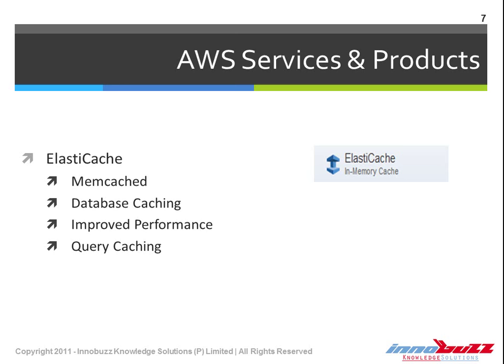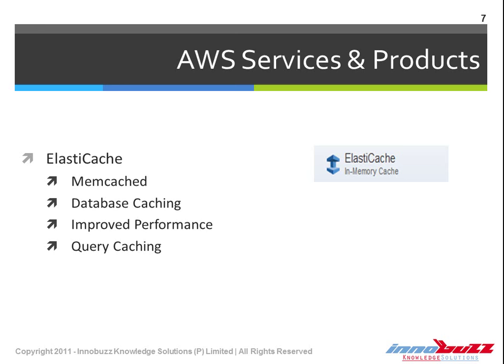Before looking into Elasticache, we need to check what memcached is. We know that memcached is a component that we use in our server to increase the performance of the transactions which the database handles.